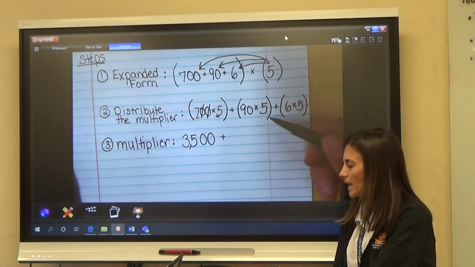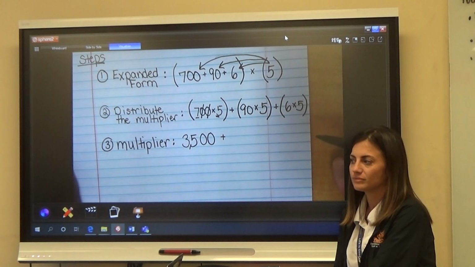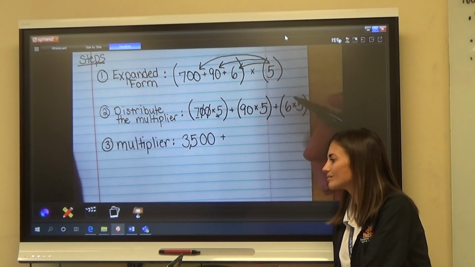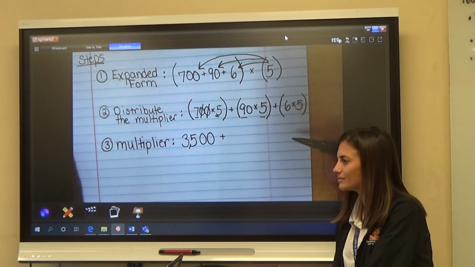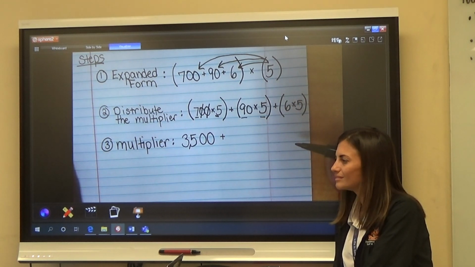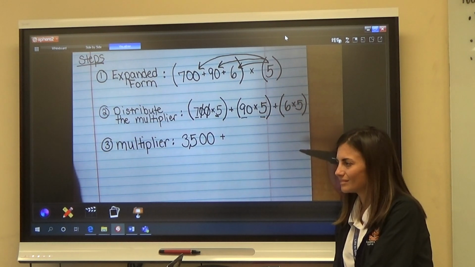How am I going to multiply 90 times 5? 5 times 9, and then you see the 0, and then cross it out and add it to 45. Perfect.